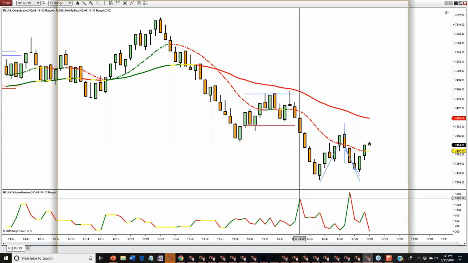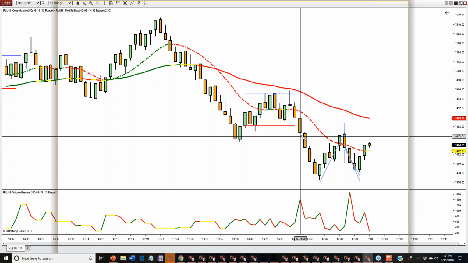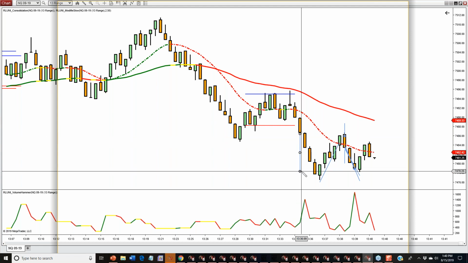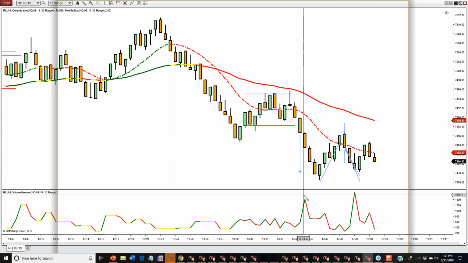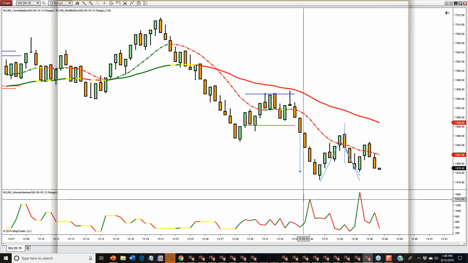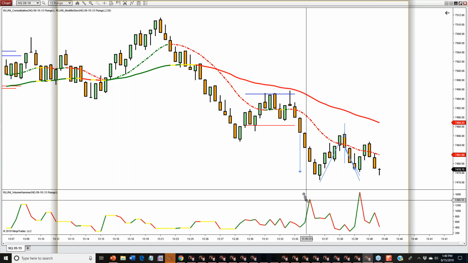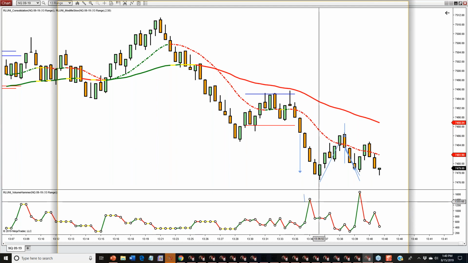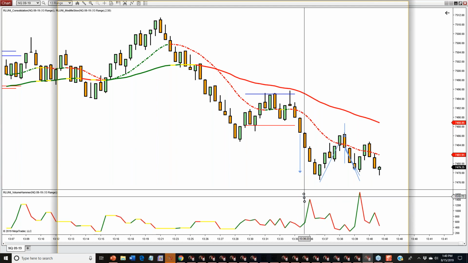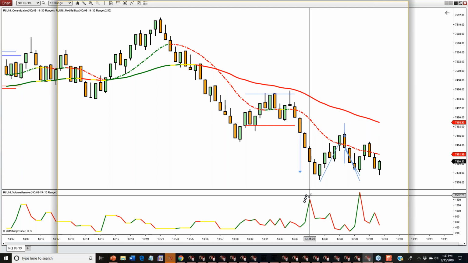Now this also may have been accurate right here on the right edge. There's your breakout of consolidation right here on the volume spike. You see how it's moving away as the market continues, because the candles are forming slowly and the volume hammer is moving at its 1 minute intervals.